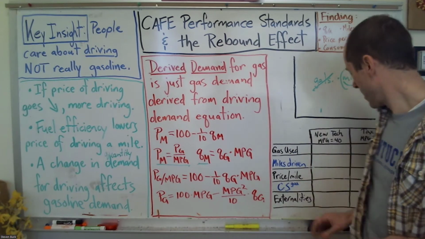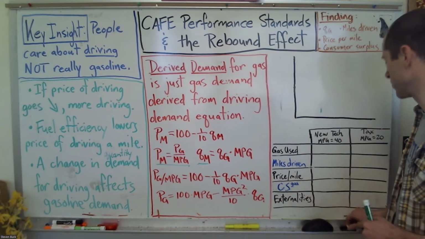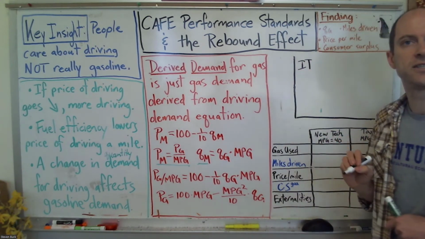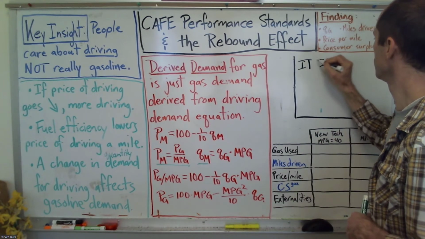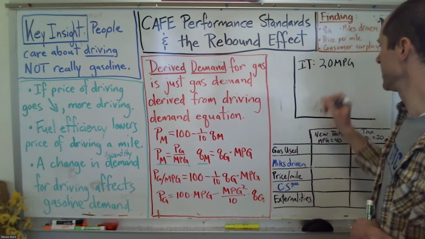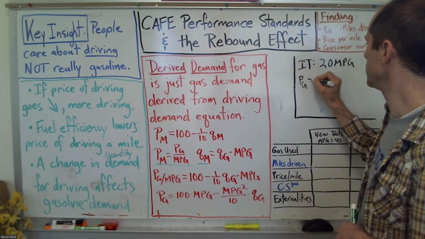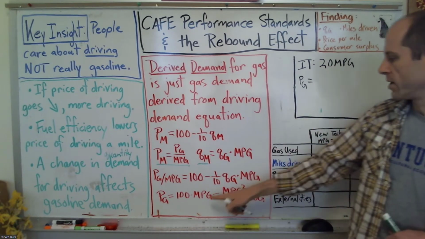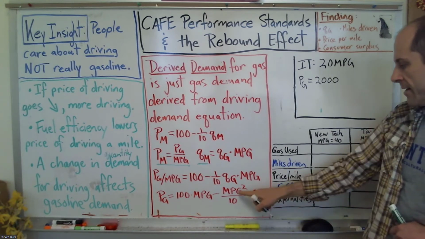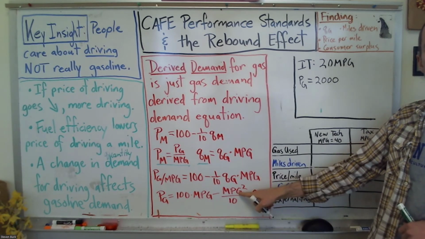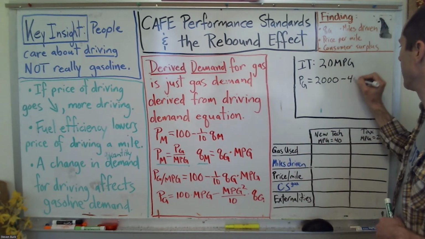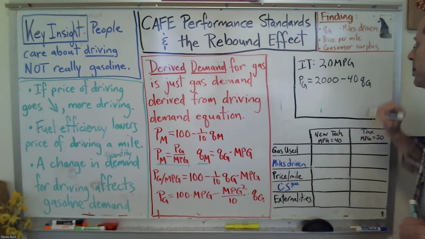So for example, under an initial technology with a fuel efficiency of 20 miles per gallon, then our demand for gasoline is going to be PG equals, put the 20 in, we get 2,000, and then put the 20 in here, we square it, we get 400 divided by 10, and we're going to get 40 QG.